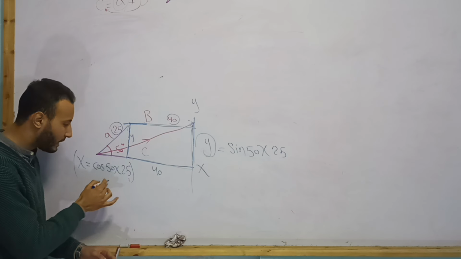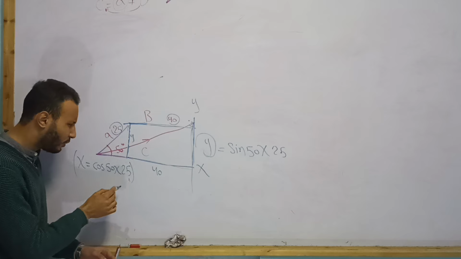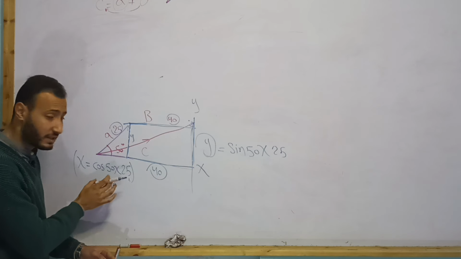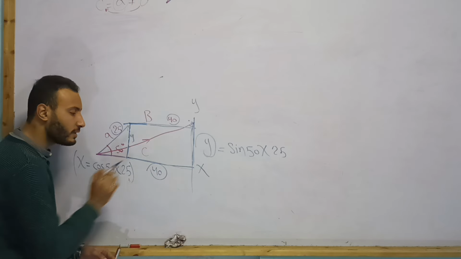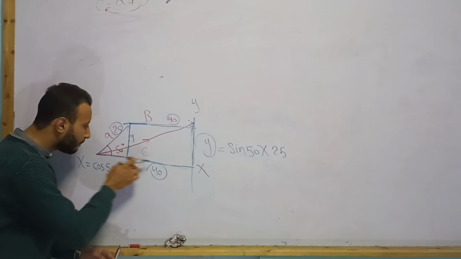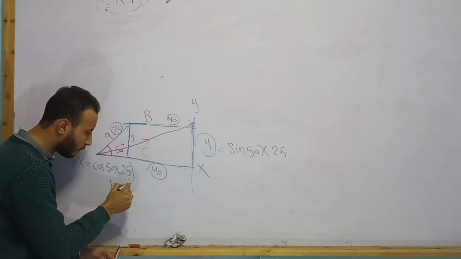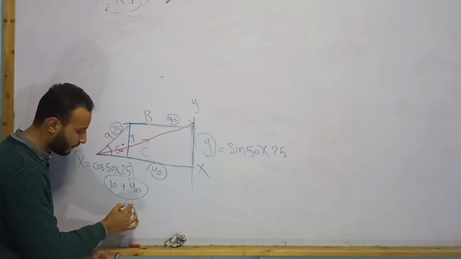For example, say you get 10, and here we have 40, but these numbers aren't exact. So this part is 10 and this part is 40. So the total x is equal to 10 plus 40, so the total part is equal to 50.